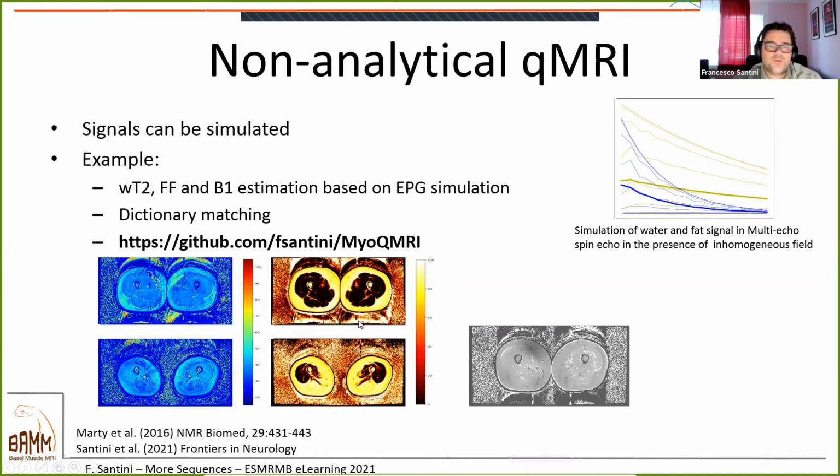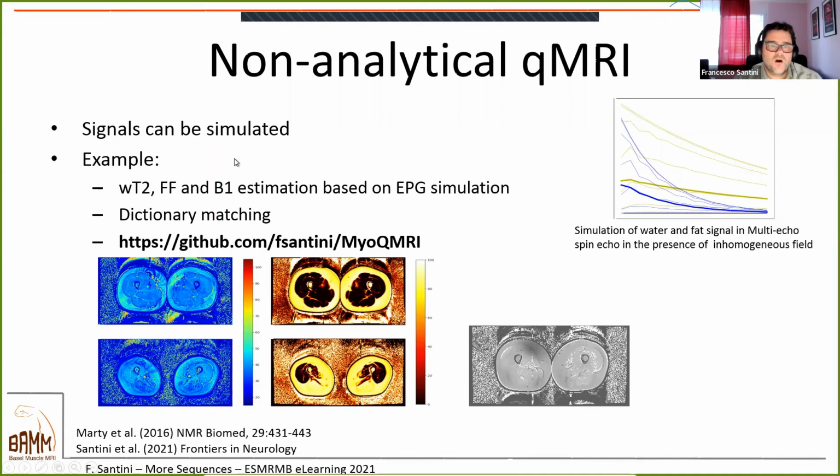This is an example of muscle MRI, where we can measure the T2 of the water component without the fat, and also at the same time extract the fat fraction, and also acquire the B1 inhomogeneity map.